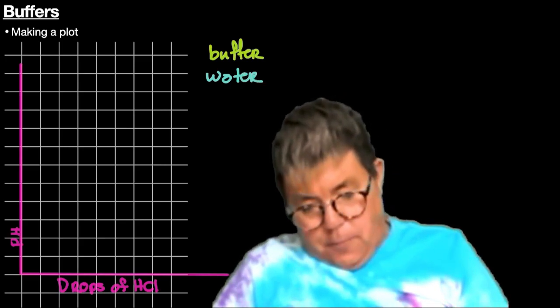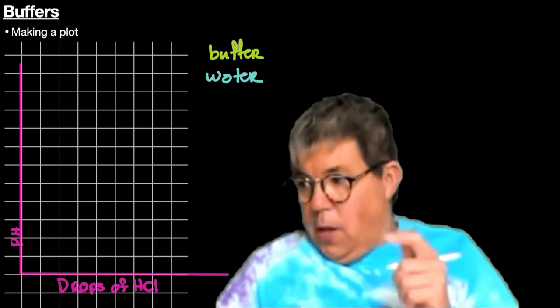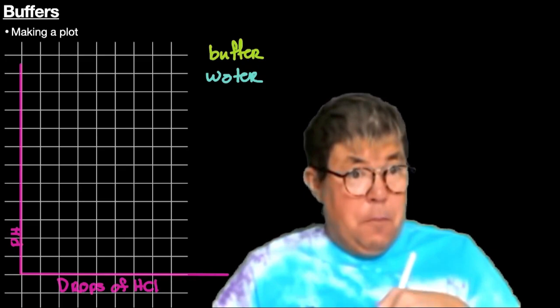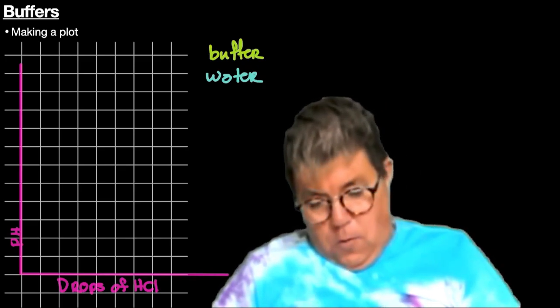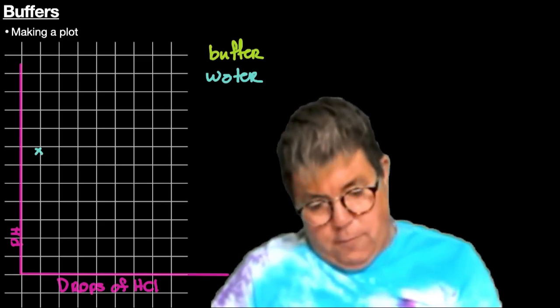So we're going to plot some data. We're going to start with a pH somewhere up here of water. The pH of water is going to be where? 7.